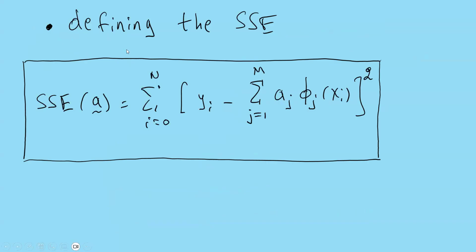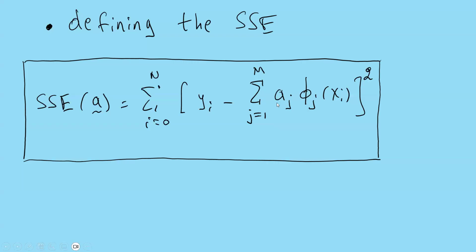For finding the coefficients of the fitting function over the noisy data, again, we write the SSE, where yi is a value of the noisy data, and this is our fitting function, maybe polynomials or any other functions.